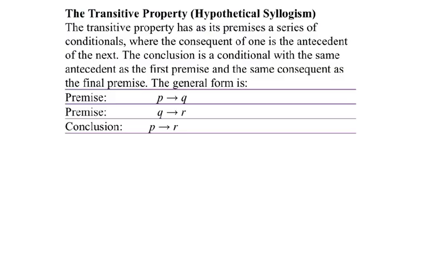However, we also have a transitive property or a hypothetical syllogism when it comes to if-then statements. If we have these two premises where we have if this happens, then this happens, and then if this happens, then this happens, then we can cut out that middleman and say, if this happens, then this happens.